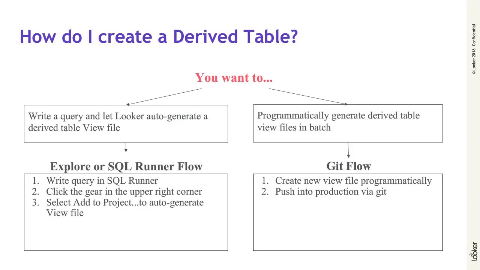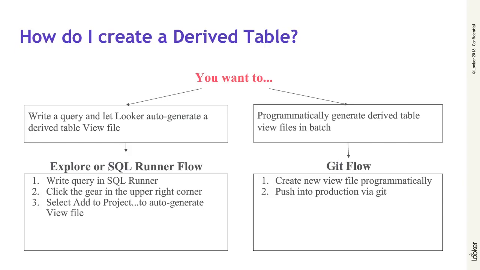Well, there's two paths that you can go down to generate these derived table view files. On the left-hand side here, we see what I've defined as the Explore or SQL Runner flow. Essentially, you're leveraging some aspect of the Looker tool to create the SQL for your derived table, whether you're physically writing the actual SQL or just using an Explore to build out the query.